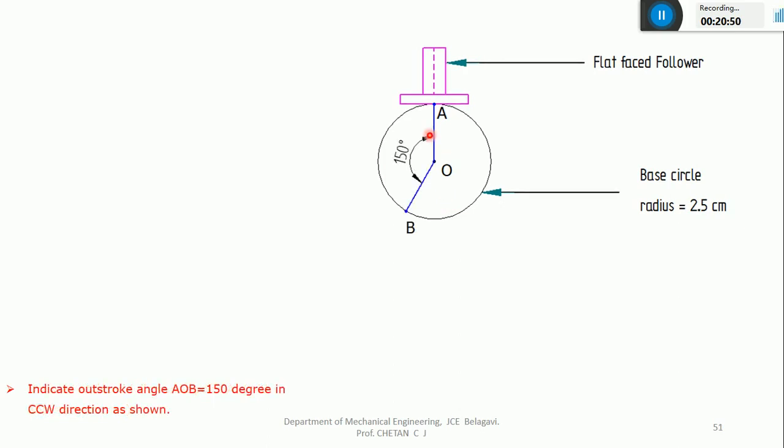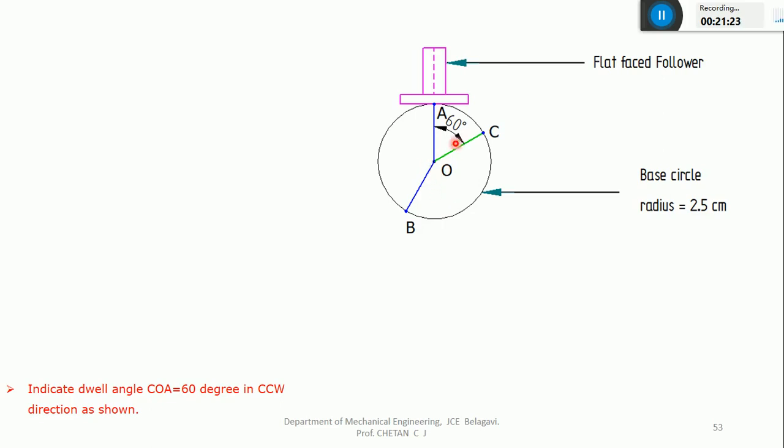The first angle AOB is 150, indicated on the base circle only. There are no other circles. Then for the next 150 there is a return stroke, BOC, again 150. The last angle is a dwell for the next 60, that is COA. So I have divided this base circle into three parts.